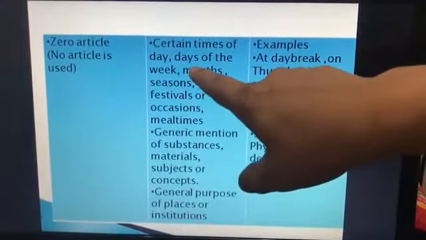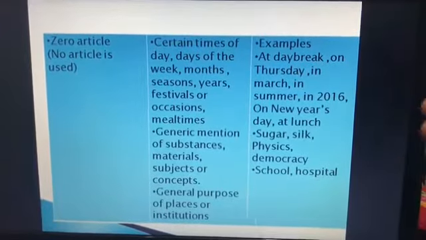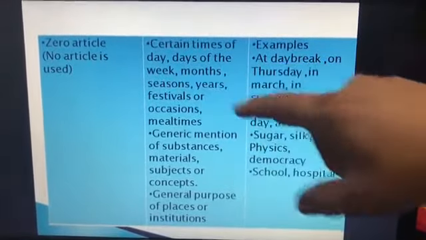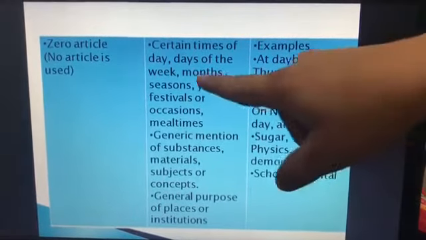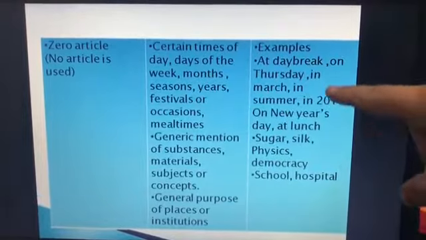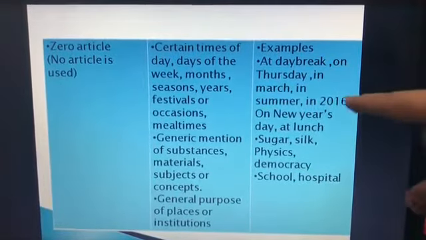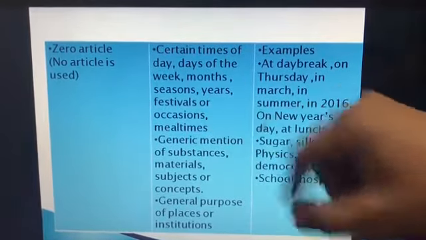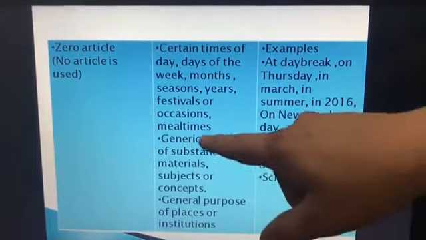Now next, days of the week. For example, Thursday, Monday. In this we do not use any article. Week's name, for example, Thursday, Friday. Month's name, January, February, March. Years, like in 2016, 2018, any year. Festivals, on New Year's, on Diwali, any occasion.